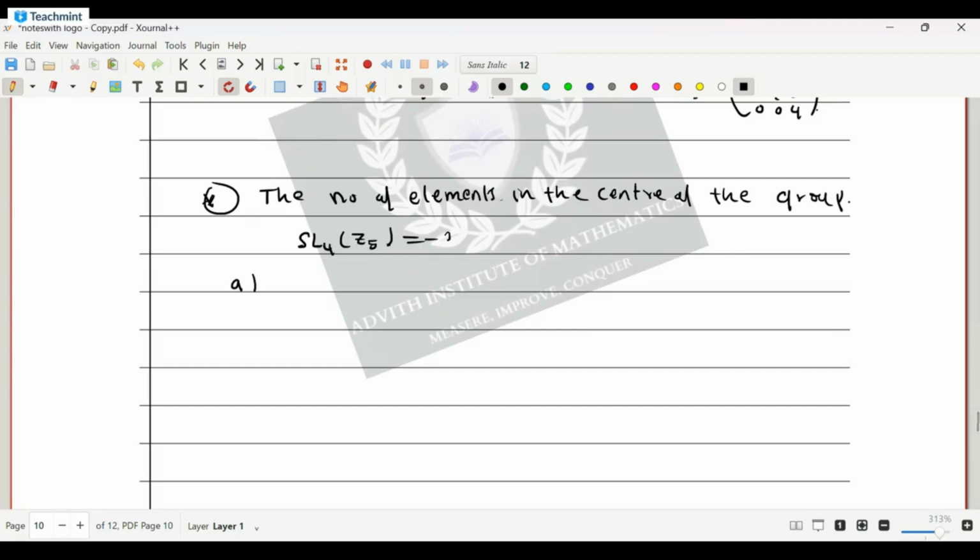Options are A 1, option B 2, option C 4, option D 5. And also list them.